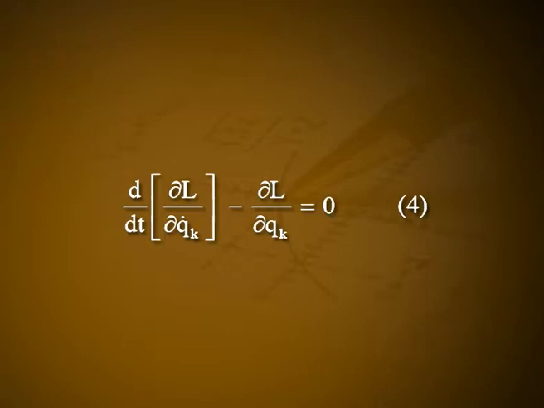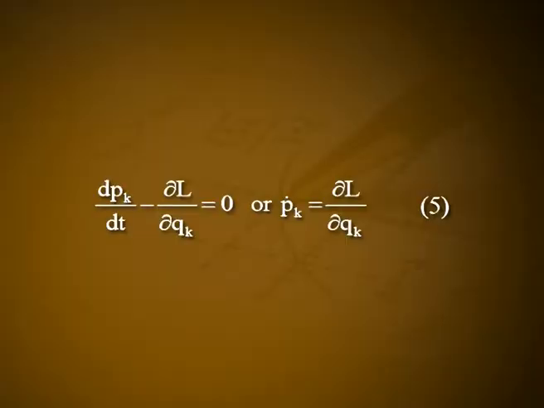Let it be equation number 4. Substituting ∂L/∂qk dot is equal to pk, we get dpk/dt minus ∂L/∂qk is equal to 0, or pk dot is equal to ∂L/∂qk. Let it be equation number 5.